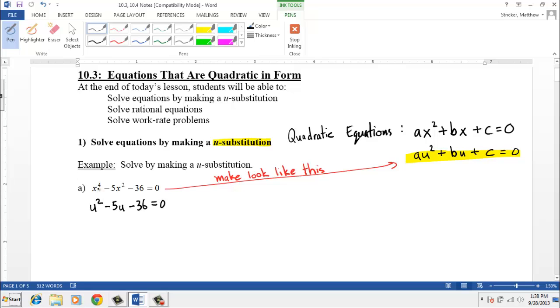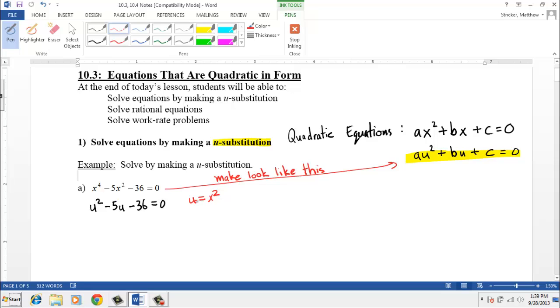Well, what we need then is to determine, if our equation looks like this, what U substitution did we make? Well, I think it's pretty obvious that the U in this case has got to be x squared. Because if U is equal to x squared, then this 5U term looks like the 5x squared term.